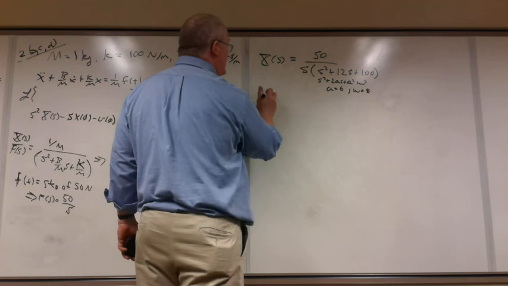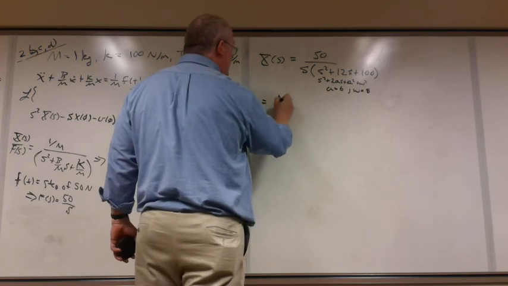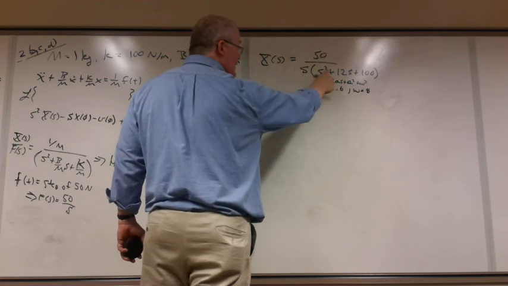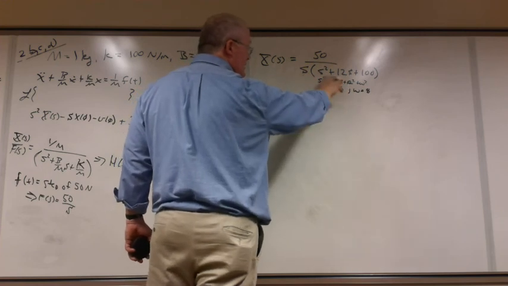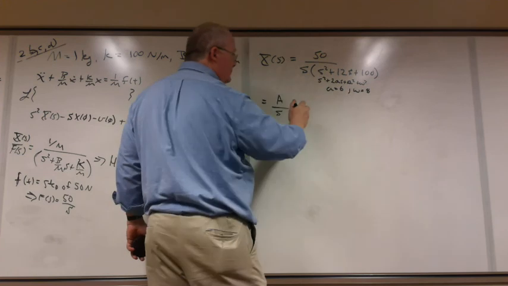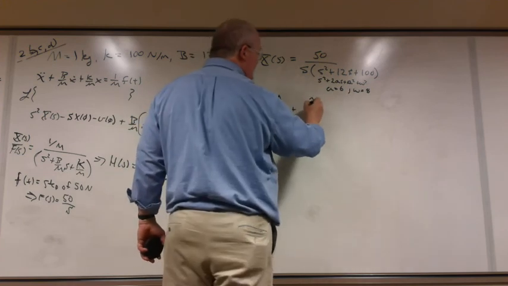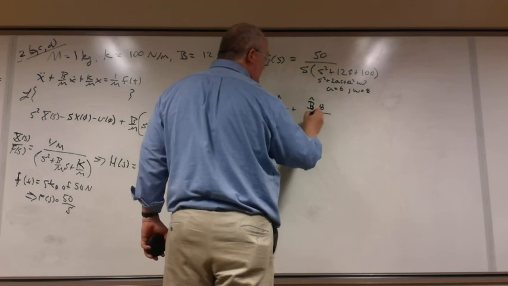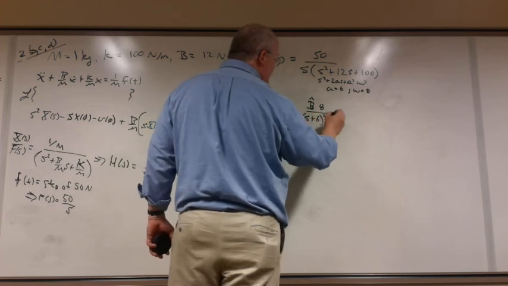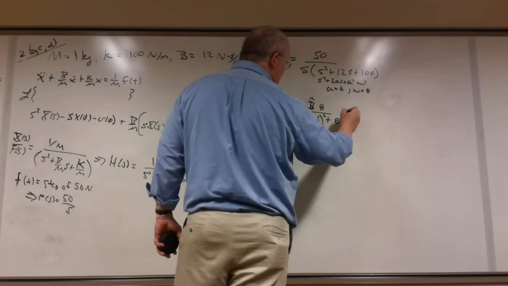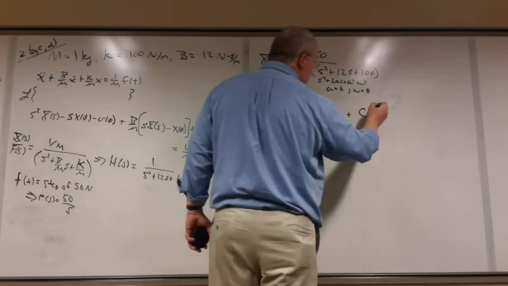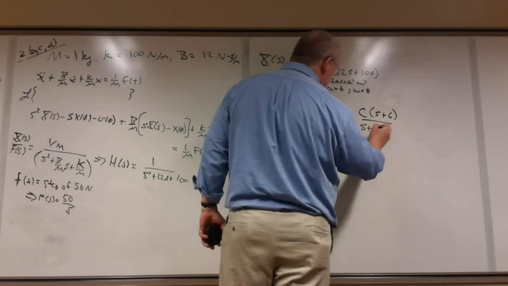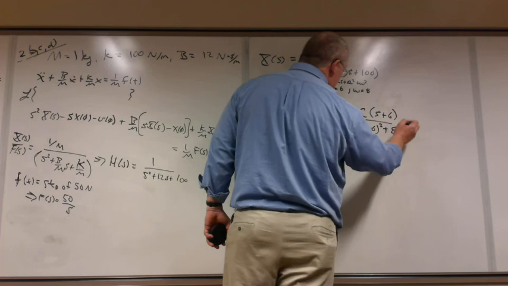So X of s now is going to be equal to A over s, that's for the s term, and then we're going to have a damped sine and a damped cosine term. So I'll do the damped sine first, b hat times 8 over s plus 6 squared plus 8 squared, plus C times s plus 6 over s plus 6 squared plus 8 squared.